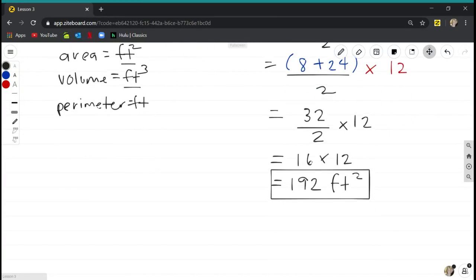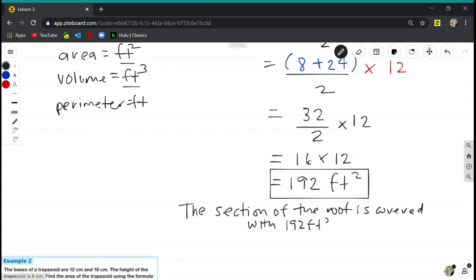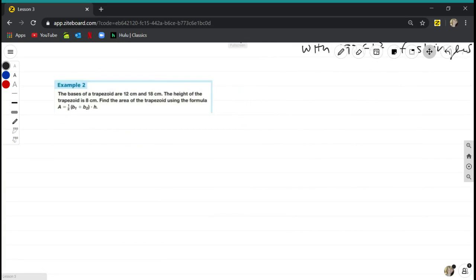So we can put an answer: the section of the roof is covered with 192 square feet of shingles. And we're done.